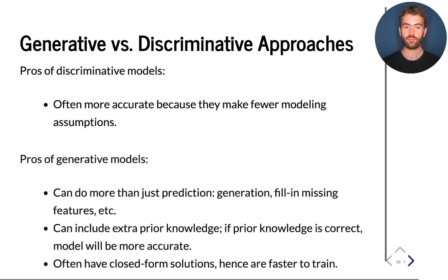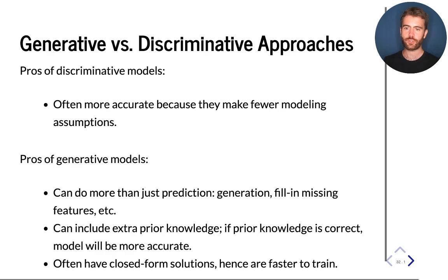However, the generative modeling approach is also really important. It's important if we want to do something more than just prediction. For example, we may want to actually be interested in generating new data points, X. Maybe we want to generate new molecules or new drugs, or we want to generate sounds. Then we would want to use a generative approach.